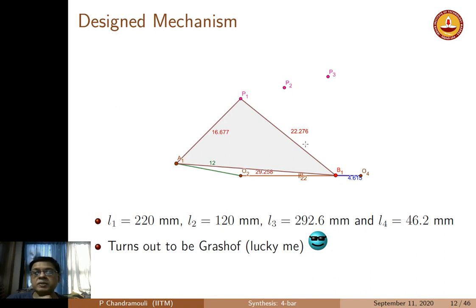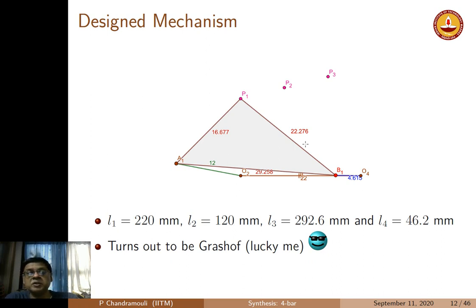In this particular case, I have a design where L1 is 220 mm, so 22 centimeters, not millimeters as I mentioned before. L2 is 120 instead of 12 mm as I mentioned before. It turns out L3 is 292.6, which is the distance between A and B. And of course L4 is kind of small now.